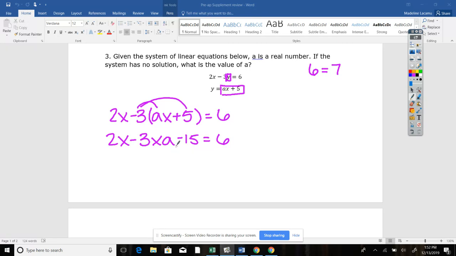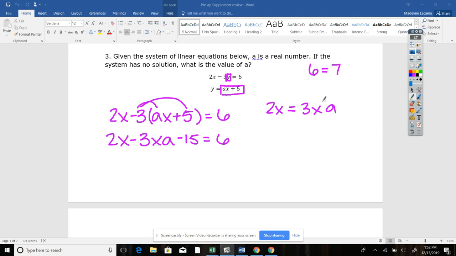So now, since this is 2x minus 3xa, we want this to cancel out so we have no variables left. So we're going to see what this a value has to equal so that 2x and 3xa are the same thing, because that would get rid of our variables, which is what we want. So I'm going to do 2x equals 3xa.